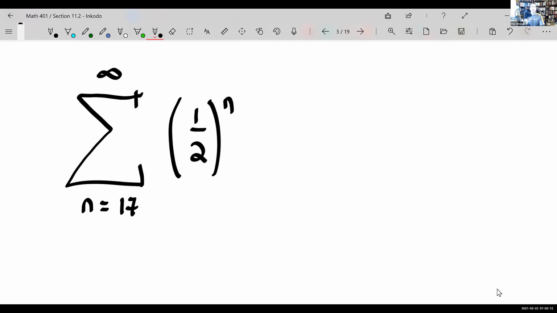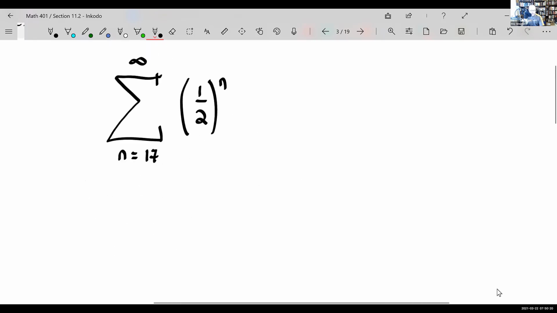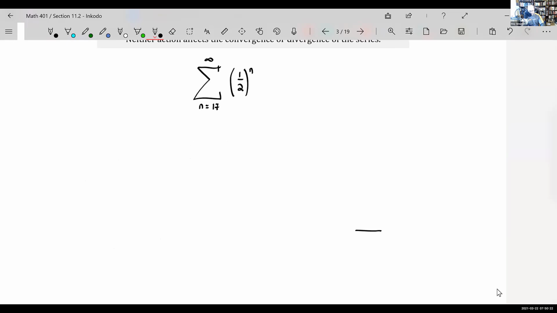However, most people deal with geometric series starting at n equals 1. You don't have to. Say you have some sequence of points that look like this.